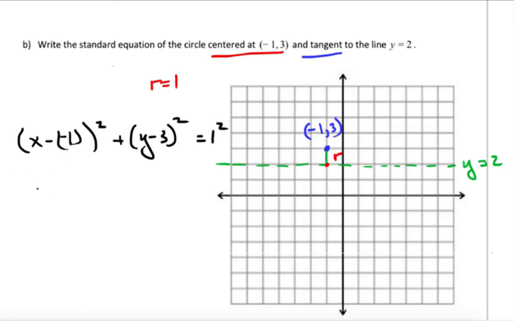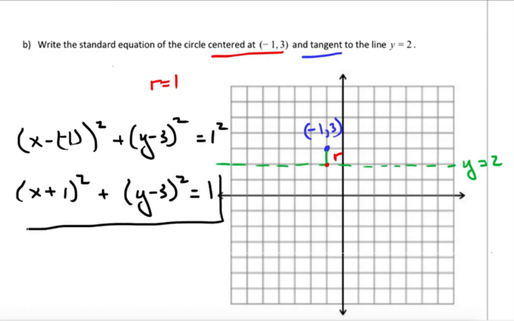And we can clean that up and say x plus 1 squared plus y minus 3 squared is equal to 1. And that is the equation of the circle with that center and given radius.